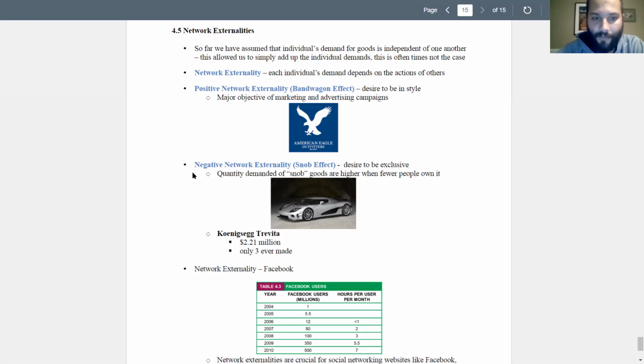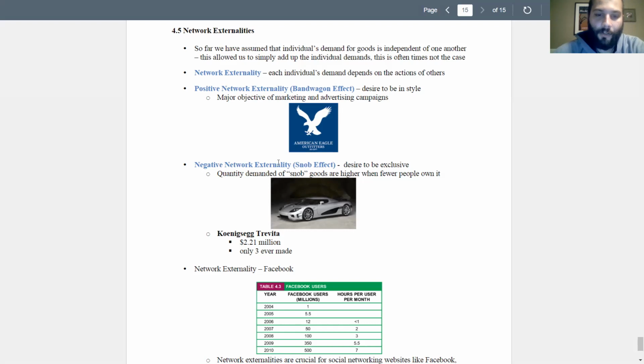And then the opposite of this effect would be the snob effect, which is where as the product becomes more affordable, more people can buy it. This actually reduces demand some because of what we call the snob effect, where people want exclusive goods. So the more quantity demanded increases, the more this snob effect dampens it.